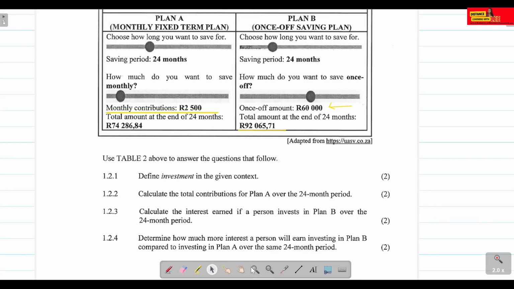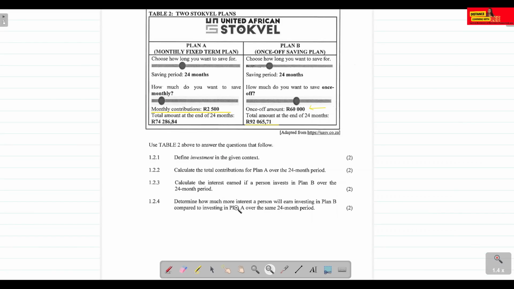And let us have a look at the last question. The last question says, determine how much more interest a person will earn investing in Plan B compared to investing in Plan A. Before we can determine how much more interest a person will earn when investing with Plan B, we need to determine how much interest you would make from investing in Plan A. We need to get the interest that you would earn with Plan A, then the interest that you would earn with Plan B. In this case we already know that with Plan B you will earn more.